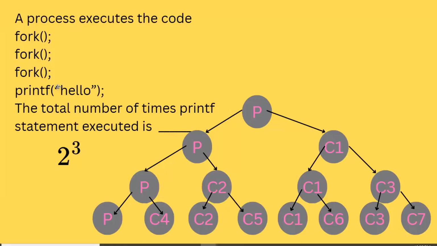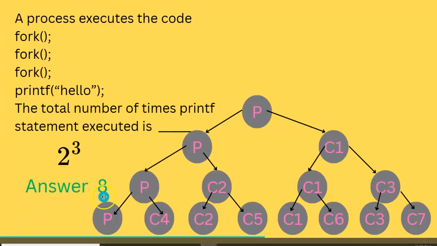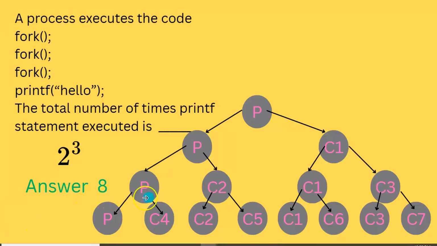You can give the answer in the comment section, because had you watched Part 1 and Part 2 of the fork system call video, you can easily answer these two questions. So the answer is 8 for this question.